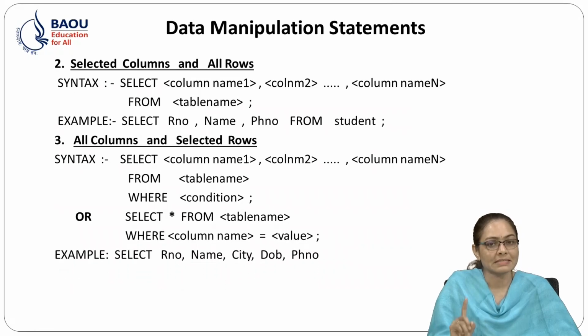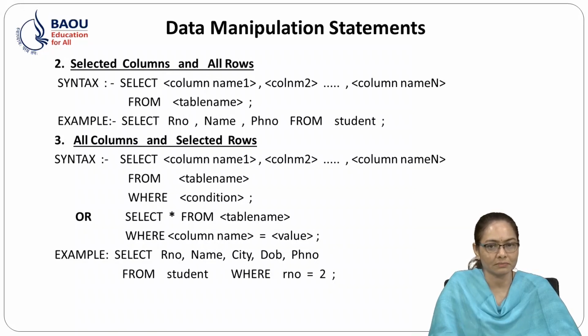When selected rows are required, then we use the where condition. The next syntax is select star, meaning all the columns, from table name, then where condition, meaning where column name is equal to a value. Then semicolon.